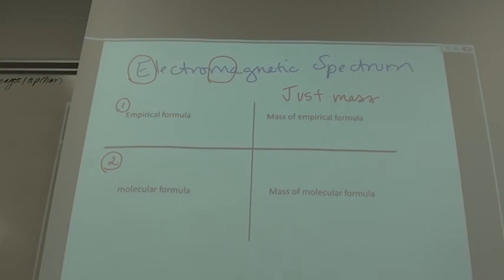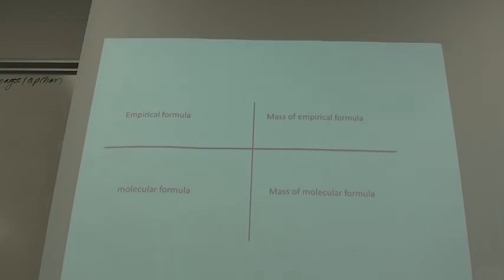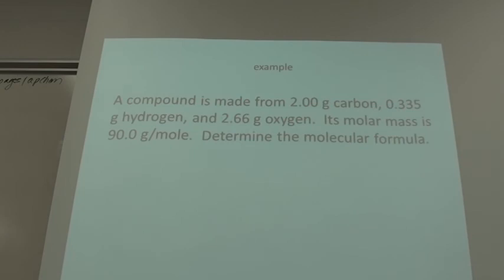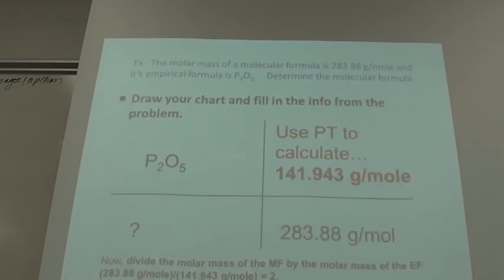Okay, this is how this works. Here's a question. A guy comes and says, I found this stuff, and it has a molar mass of 283.88 grams per mole. I took it to the analytical chemist, and he told me the lowest whole number ratio is 2 phosphoruses to 5 oxygens.